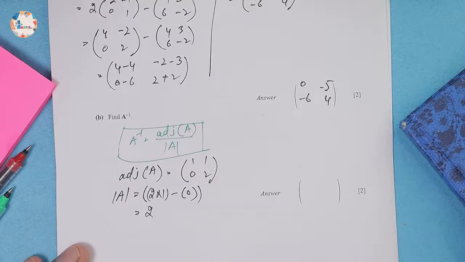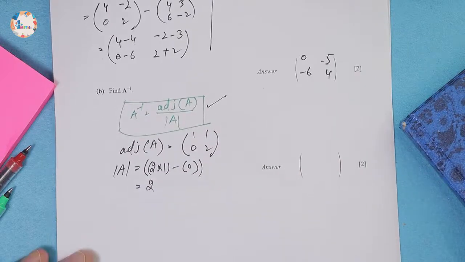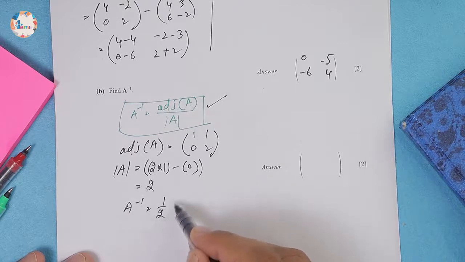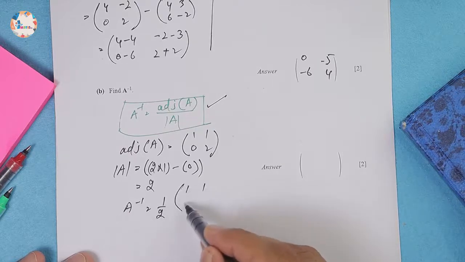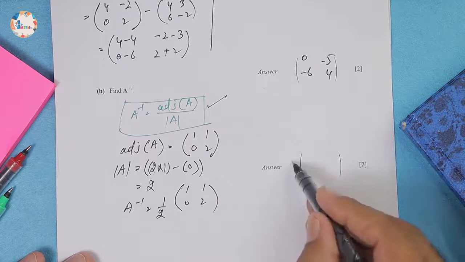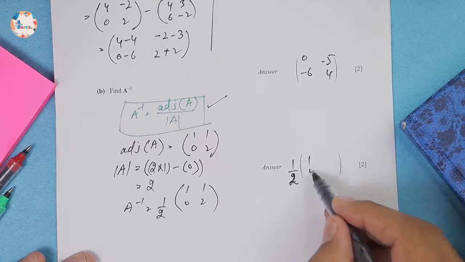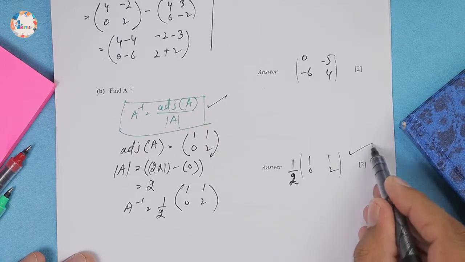So mod A is 2. Now we will replace the values in this formula, so A inverse will be equal to 1 by 2 of this matrix 1 1 0 2, which we can write over here as 1 by 2 and 1 0 1 2. This will be the final answer.